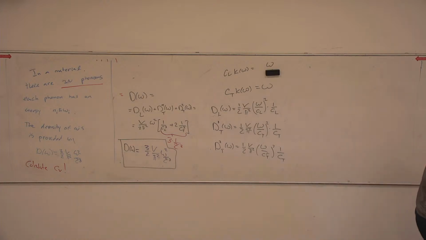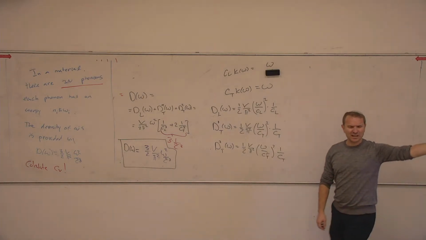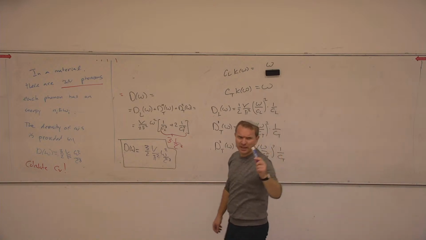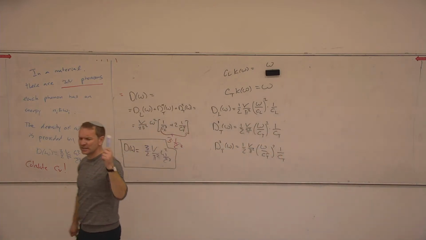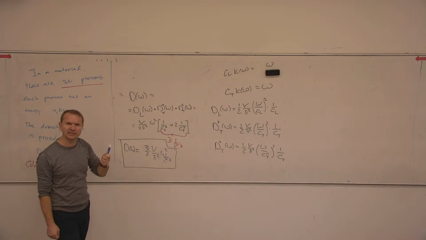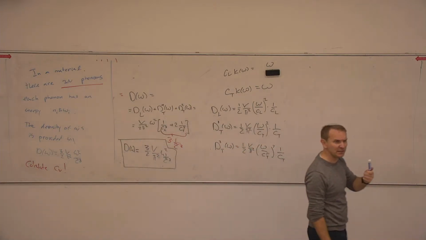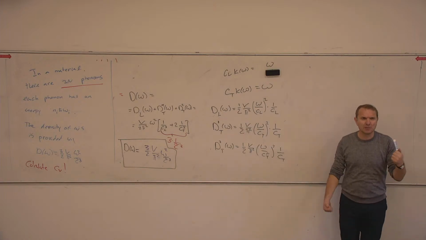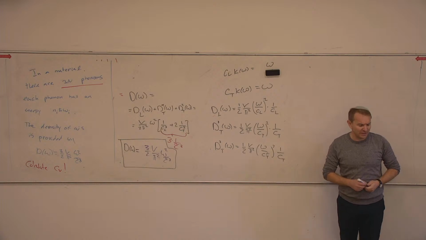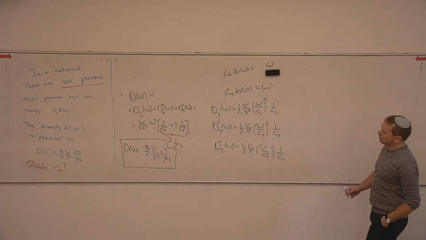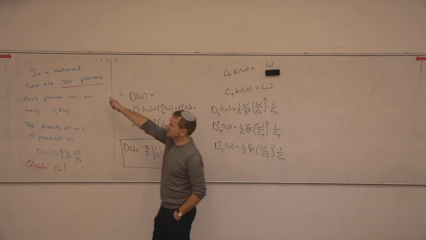This is related to the question I was asked: is the number of states n_x, n_y and n_z that I calculated an integer, or maybe it's not an integer? How do I fix this if it's not an integer? Well, I use this criterion.